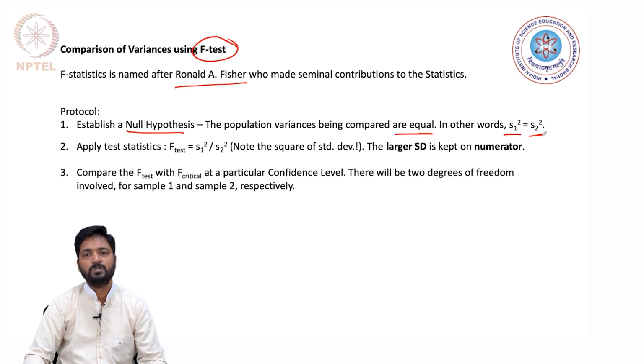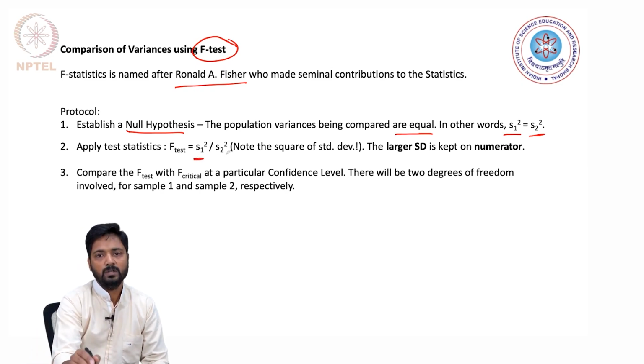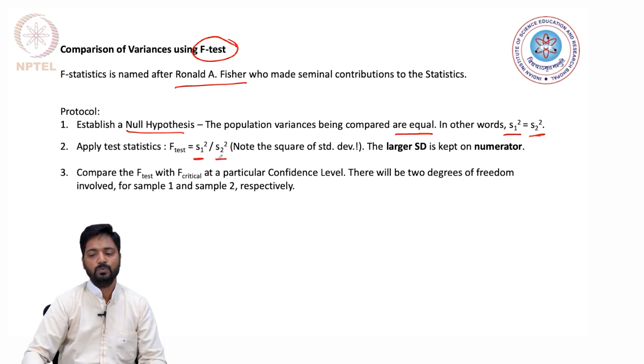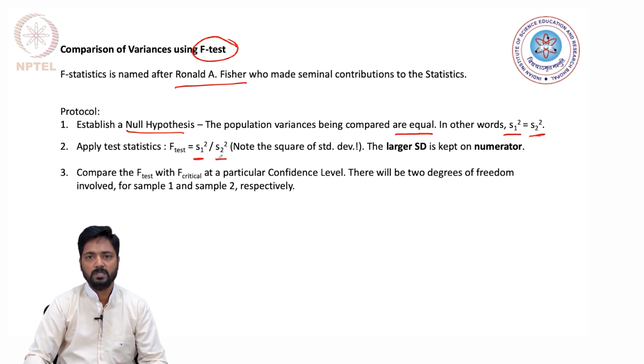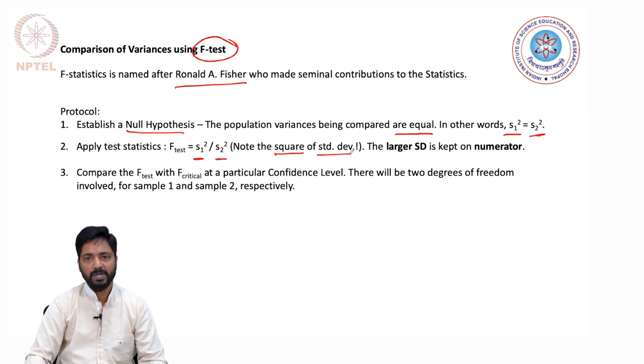Next, we apply the test statistic. So we calculate the F test value, which is nothing but the ratio of variance 1 by variance 2. Now again, please be aware and please note that we are squaring the standard deviation to compare the variances, which is what variance is actually about.